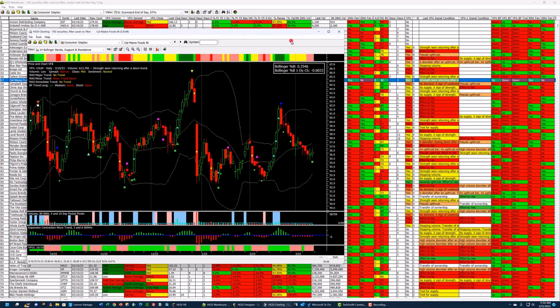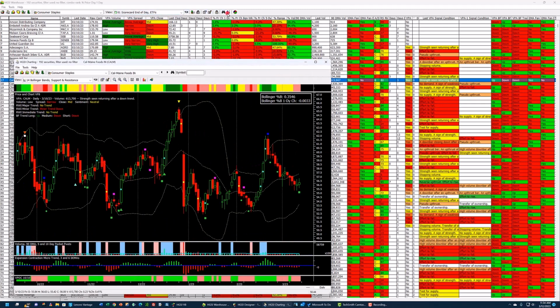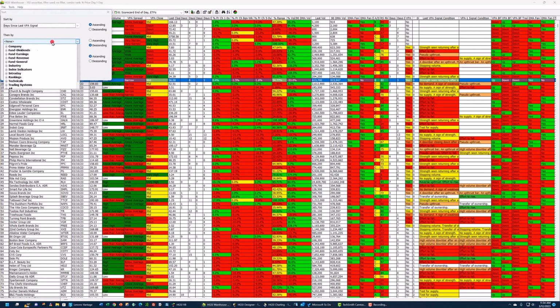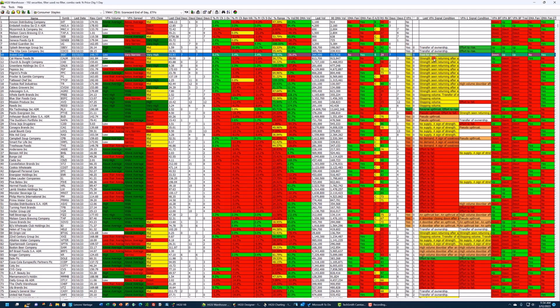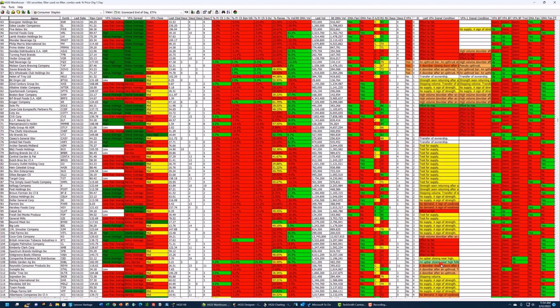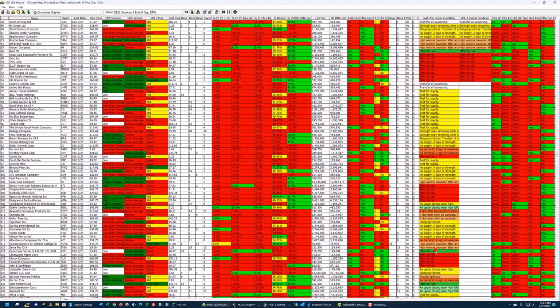Now let me show you something else here. See if I can do this. I'm going to do a multiple sort. And let's try this VPA signal condition. And then that will group all of these together where you can see yellow and red, and see if there are any green ones here.